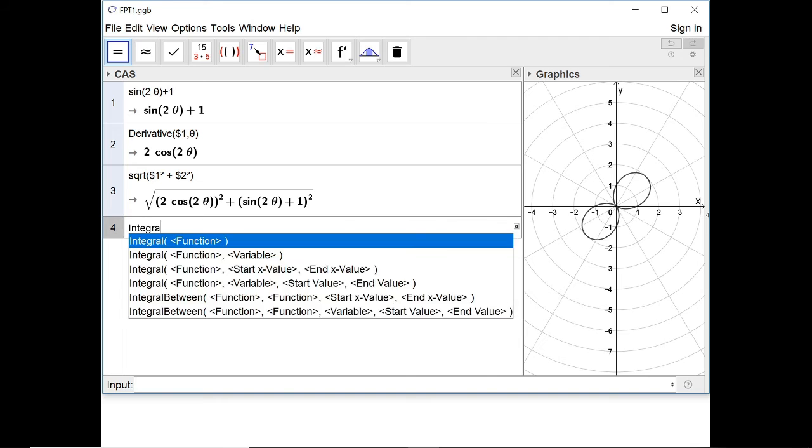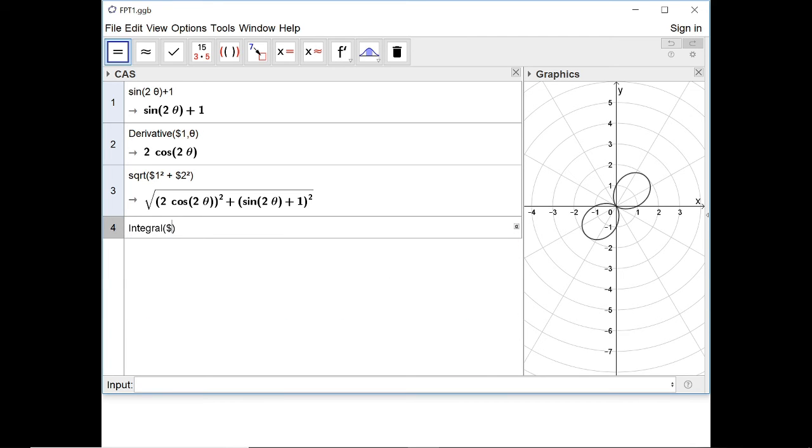Now, I need to find the integral of this, so I do the integral of expression 3 from 0 to 2 pi, and I get a question mark. My computer algebra system cannot evaluate this integral. But not to worry, we can use a numerical approximation to the integral instead. So instead of using the integral function, there is a function called n integral.